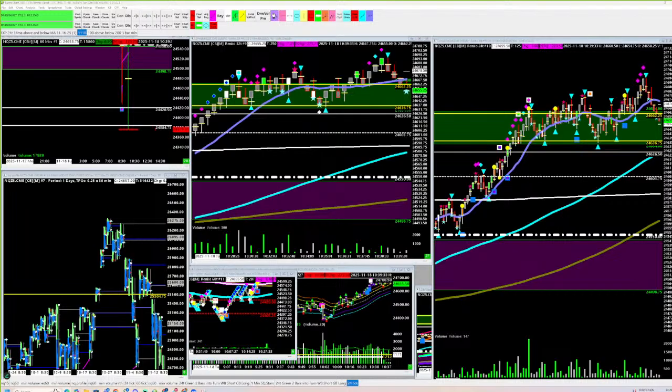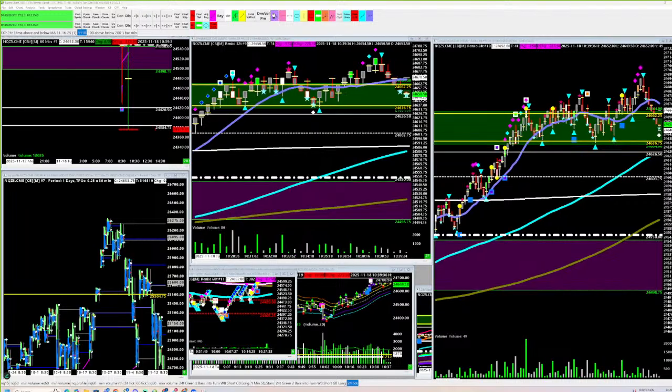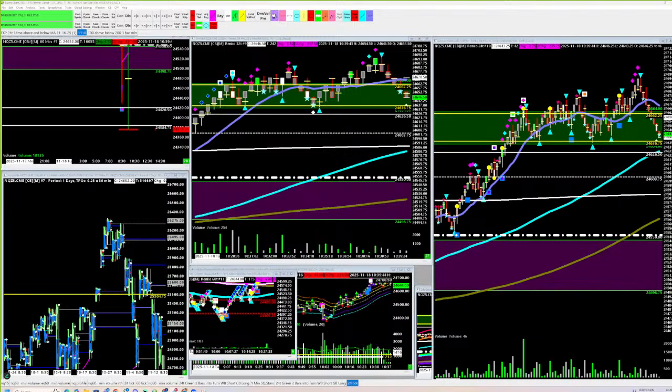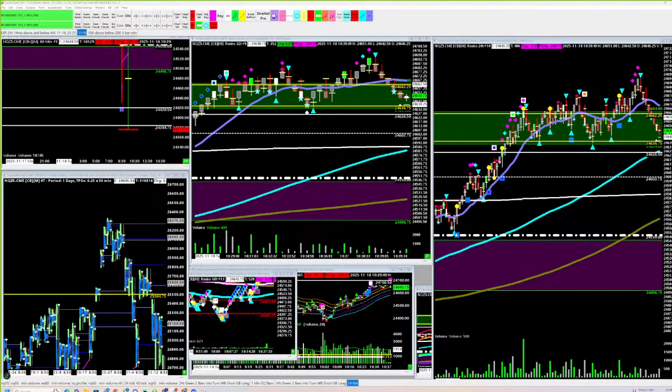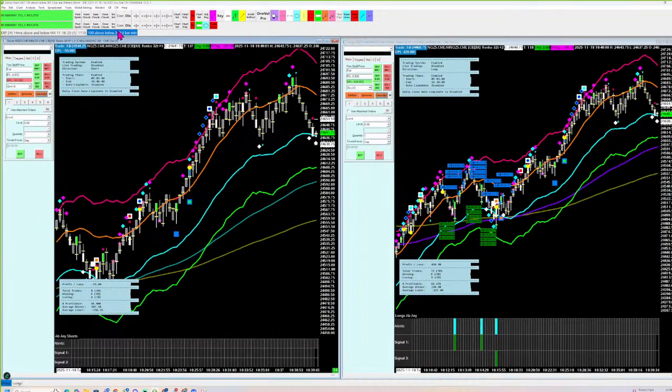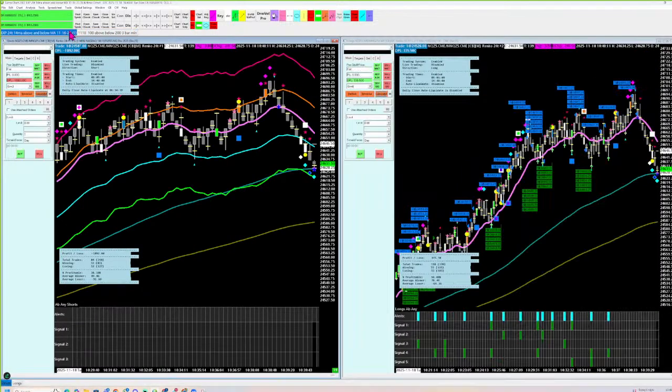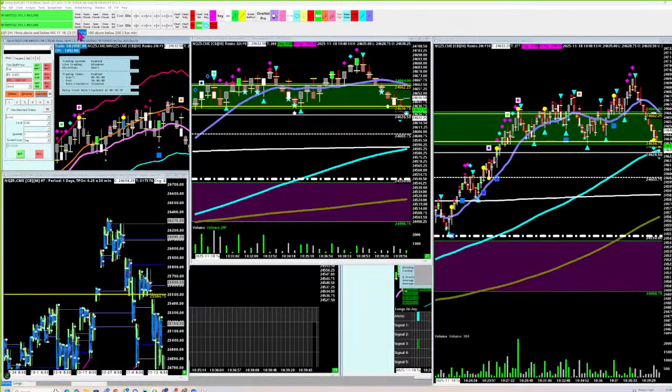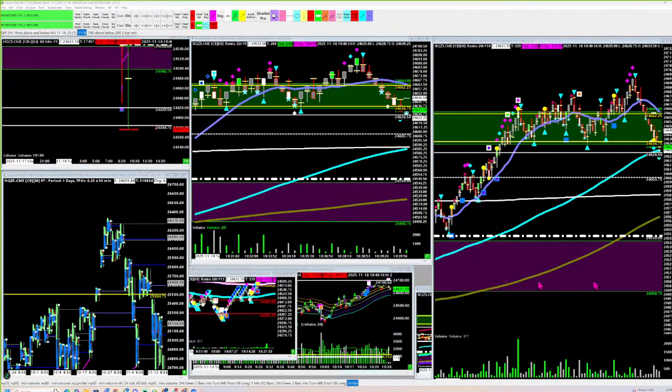They squeezed them out every inch. We're probably going back to test that 450 at some point today.